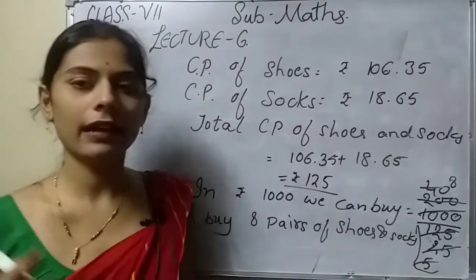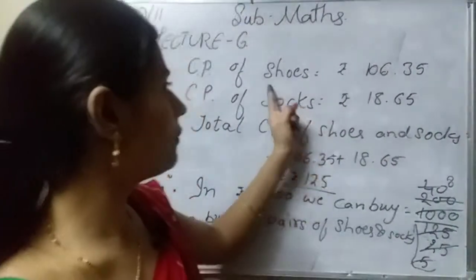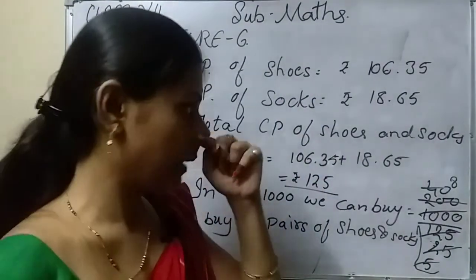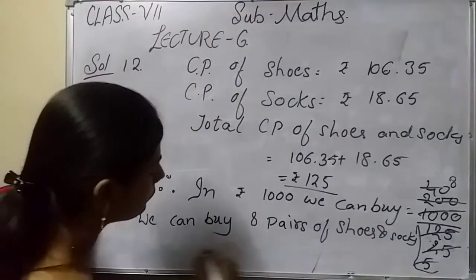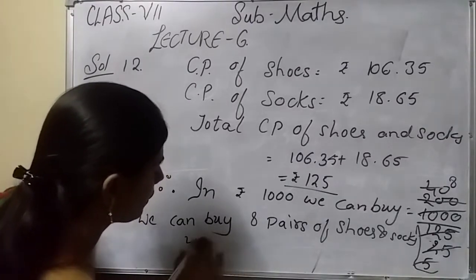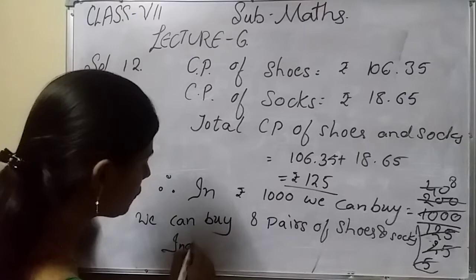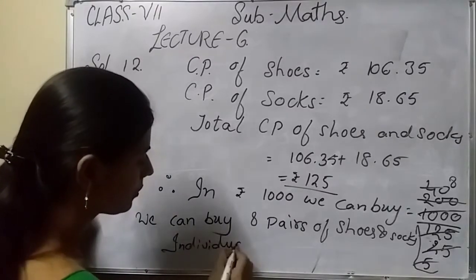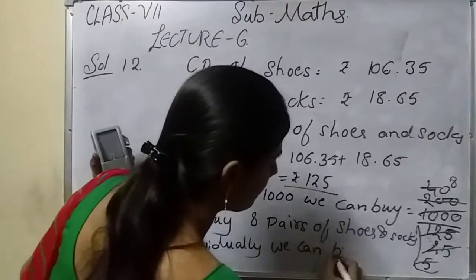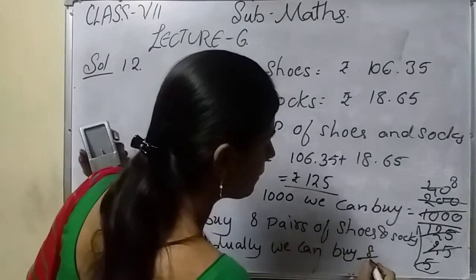Now see, they are asking that individually we have to show here how many shoes and how many socks we can buy. So we can buy individually 8 by 2.